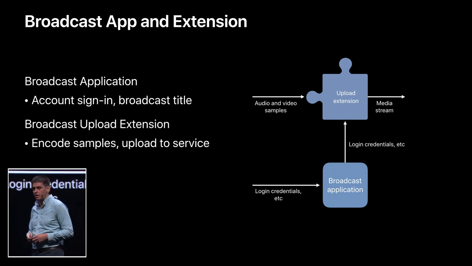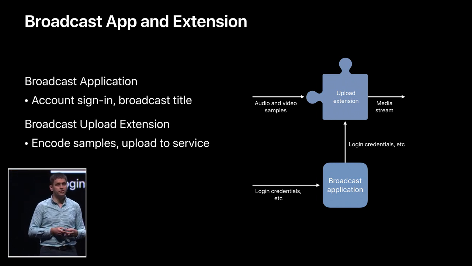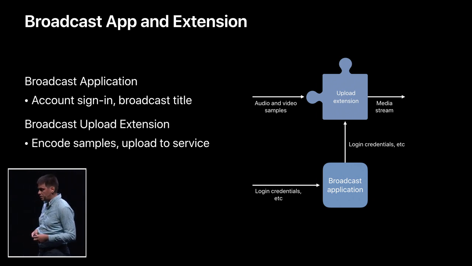Typically, you would use the application to allow users to sign in or sign up for your service. And now for the apps that adopt the broadcast picker API, you can also let the user type in some message before posting this particular broadcast to their Facebook.